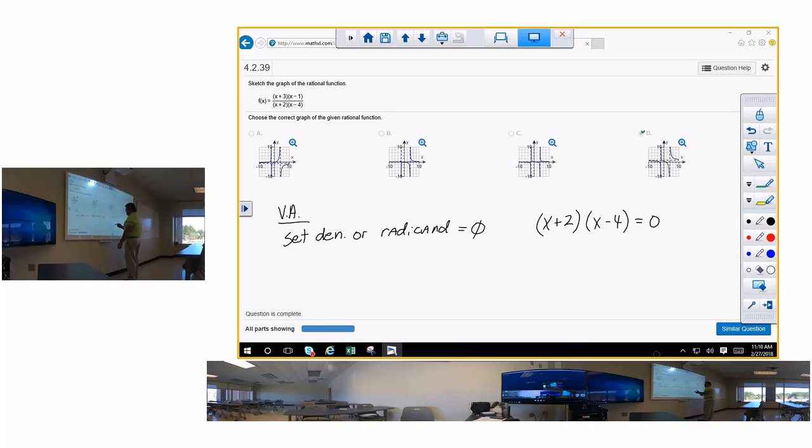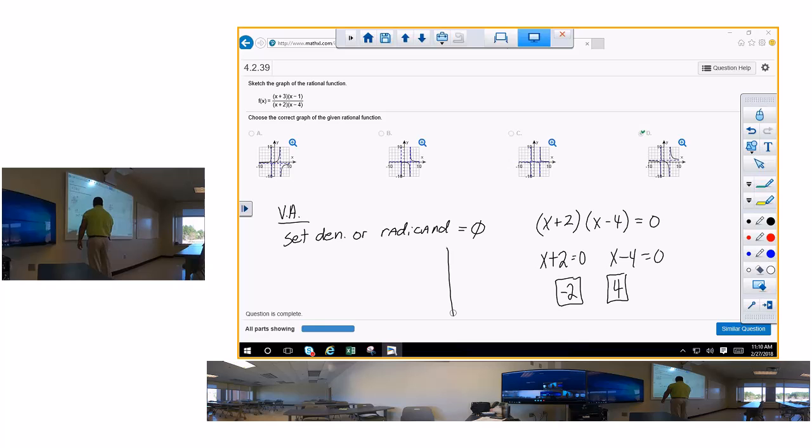So I'm going to set both of them equal to 0, and we get a -2 and a +4. So if I was to sketch this out, I know I got a vertical asymptote at -2 and at +4.